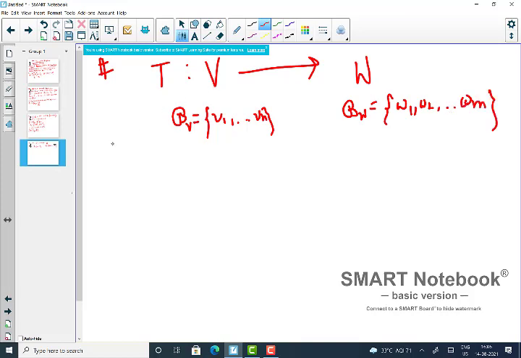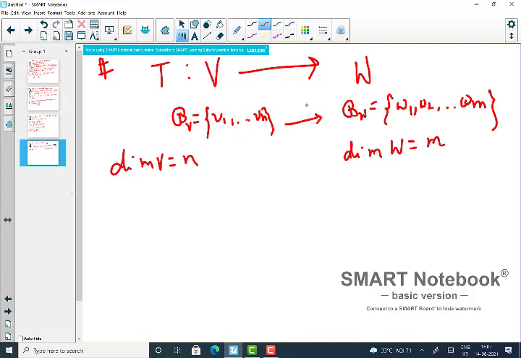What does that mean? Dimension of V equal to n, and dimension of W equal to m. Then you can always have a unique linear map which sends these vectors to these vectors, and that we already proved in the last lecture.